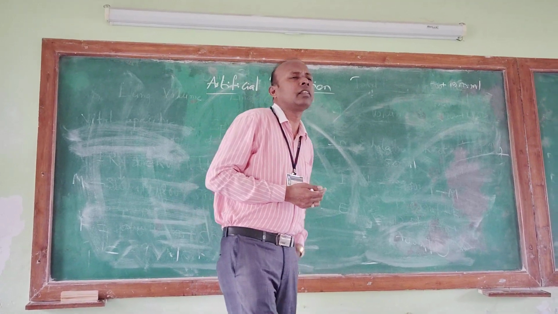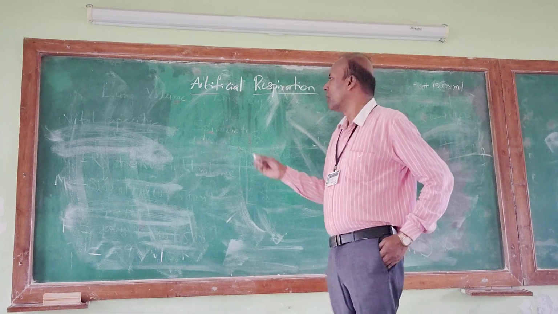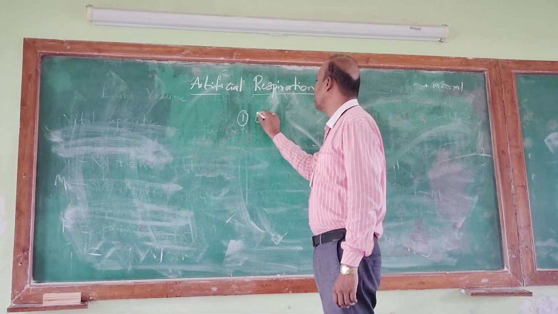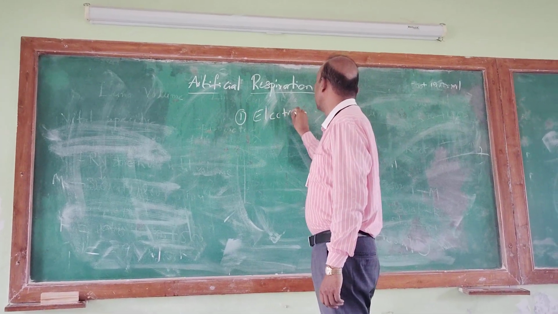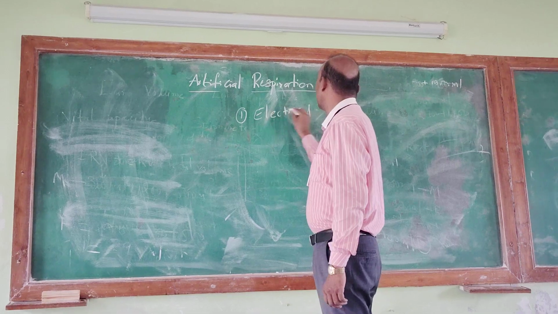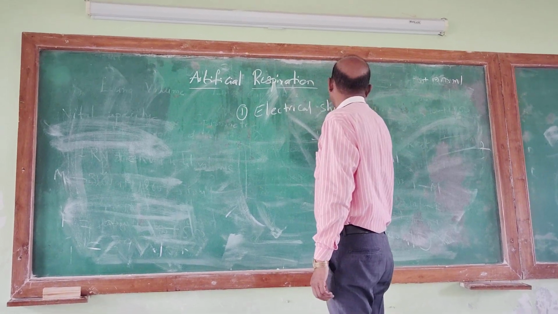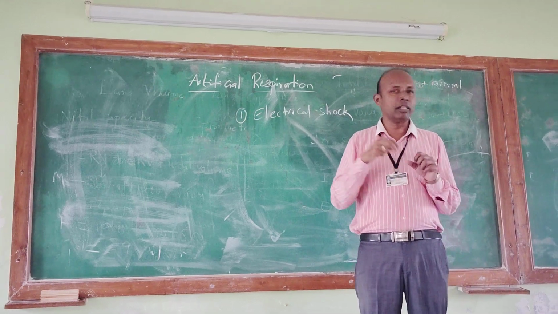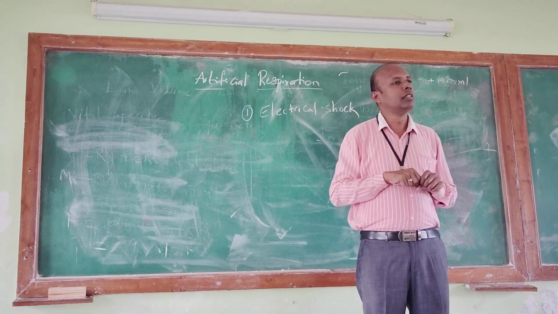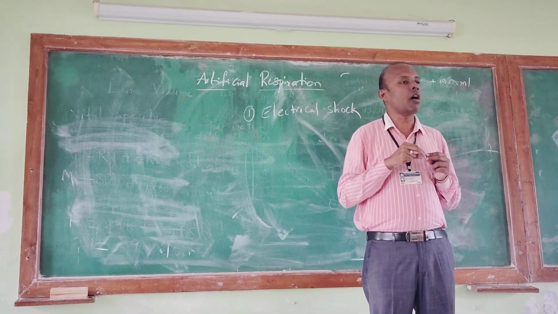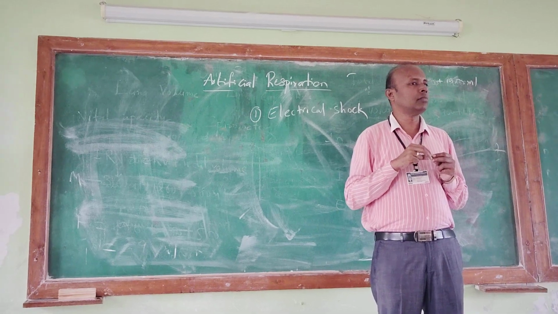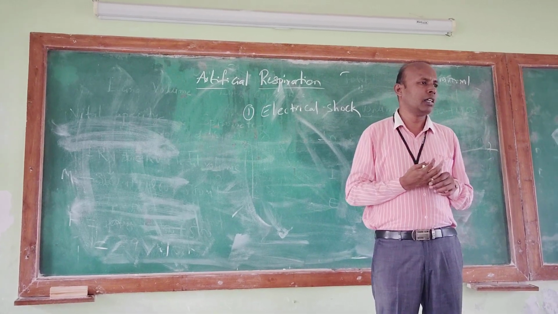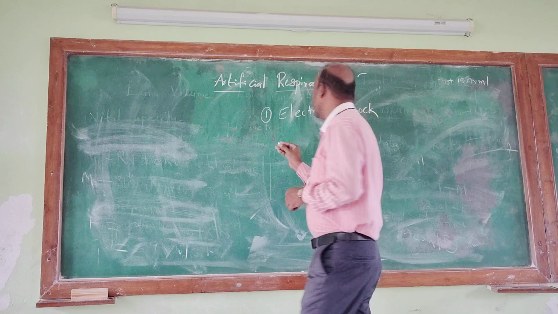When is it required? Number one, electrical shock. Say, in the rainy season or while doing your own repairs to the current, if it produces a shock, the subject may not take normal respiration.